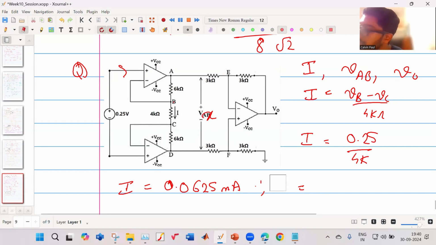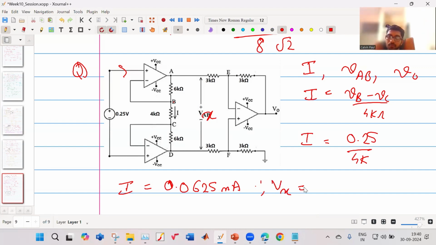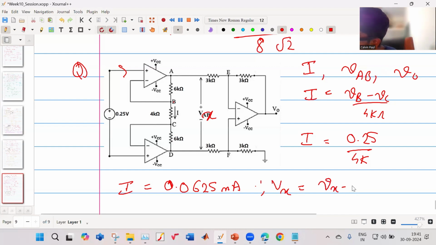Okay, so how much is your Vx? Vx minus Vd by 16 kilo ohm.